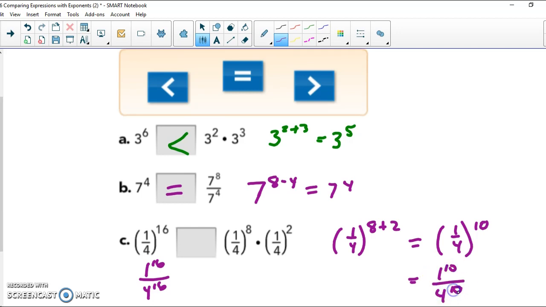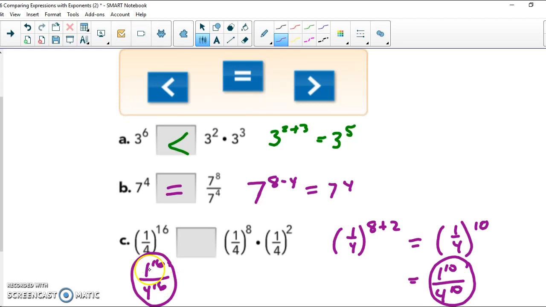So as I compare this to this, what I have to consider is that when I raise 1 to any power, it doesn't change because I can multiply 1 by itself once, or I can multiply 1 by itself a million times and it's still going to equal 1. So I'm really comparing my denominators. 4 to the 16th power is going to be a larger number than 4 to the 10th power, right?